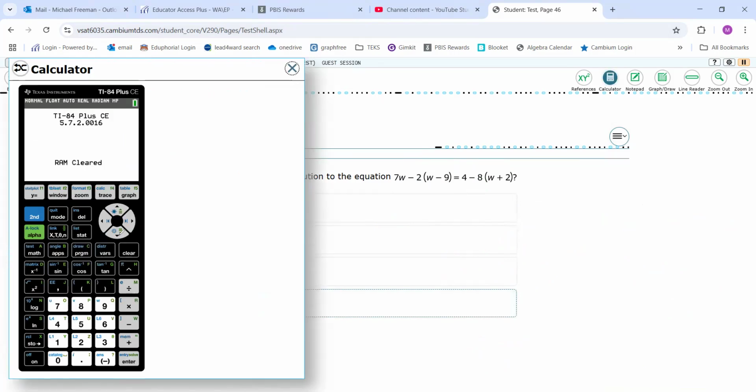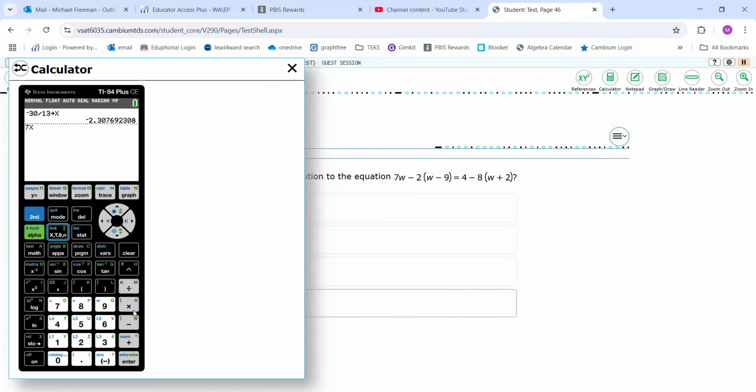We've learned how to store numbers in our calculator. So if I wanted to be a little lazy, I could go, all right, negative 30 divided by 13, and I want to store that for X, whatever that number is. Now when I type in each side of my equation, they should equal the same number, and we can use X instead of w.